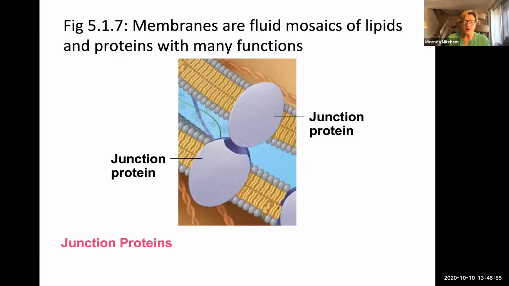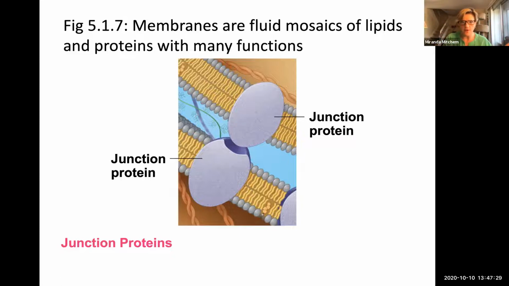All right, these are examples of junction proteins, and junction proteins are a bit different from everything else we've looked at so far. Now we've got direct binding of cell to cell through the junction proteins. Notice that they match in shape. So we do still see specificity, and we would expect that since we're talking about proteins, but they are forming an actual direct contact between these two cells.